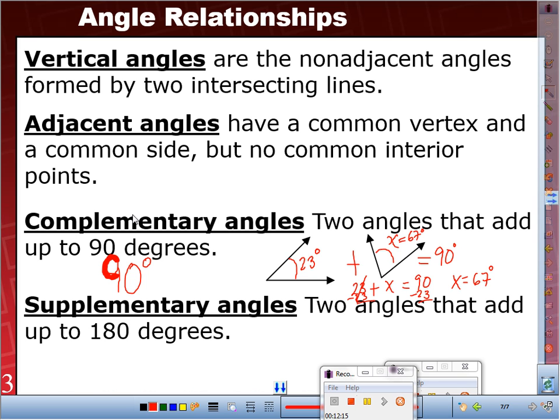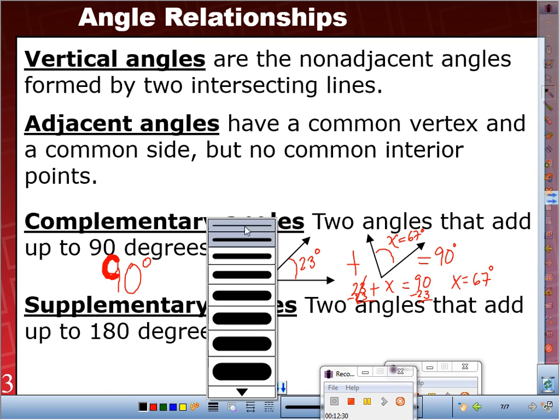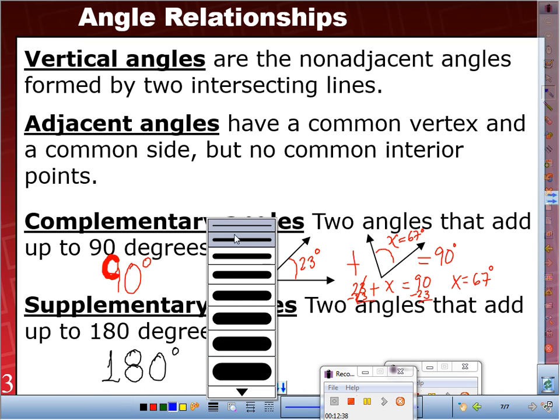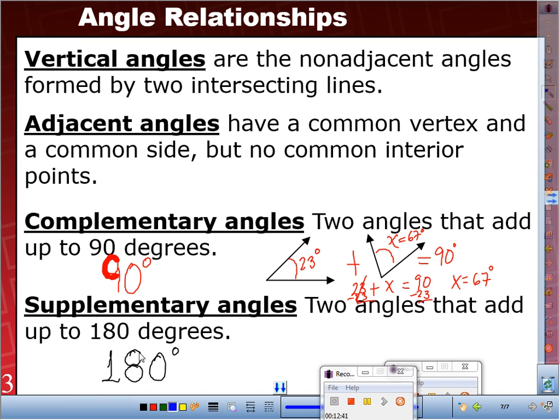For complementary. Are we there? Now let me show you this next one. Remember this one from last year? So, S for what? Supplementary. This one has C for complementary. This one has S for supplementary.